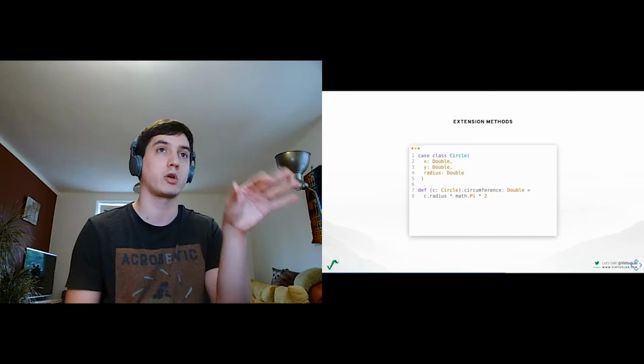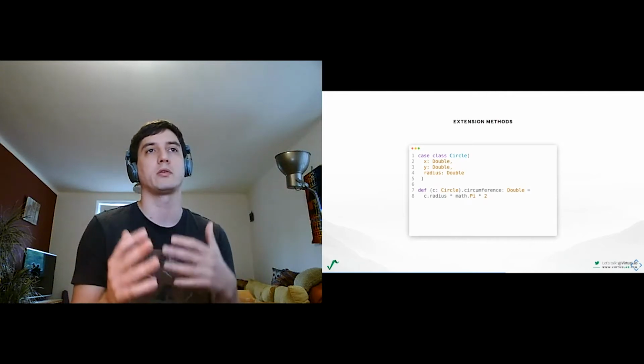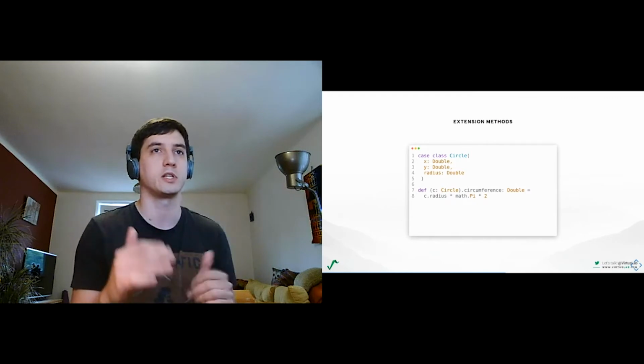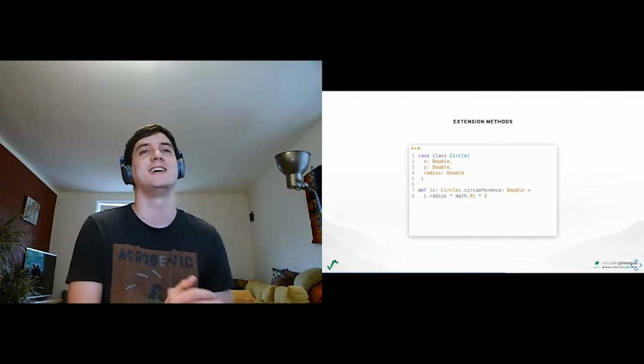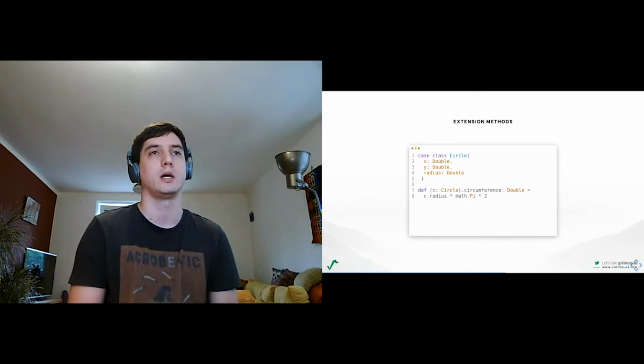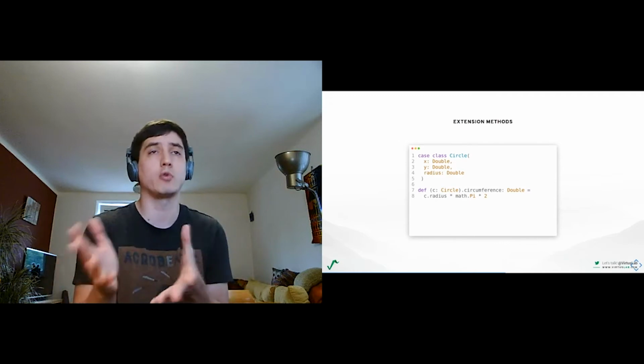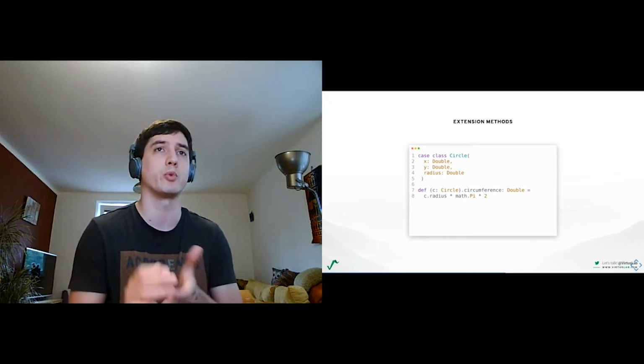So for example, here you can define on Circle a new method that calculates circumference and returns a Double, and it can be defined outside of that type. It looks pretty nice and reads pretty well as well.